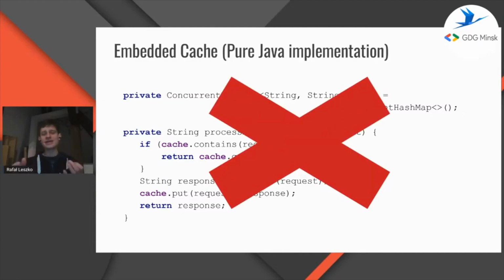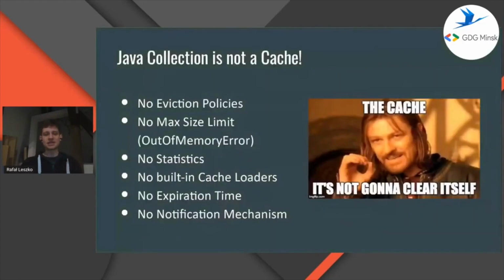Don't do it because a collection is not good as a cache. Because it has no eviction policy, no max size limit, no statistics, no built-in cache loaders, no expiration time, no notification mechanism. So a simple collection in any language is not good enough as a caching library. So we need something better.